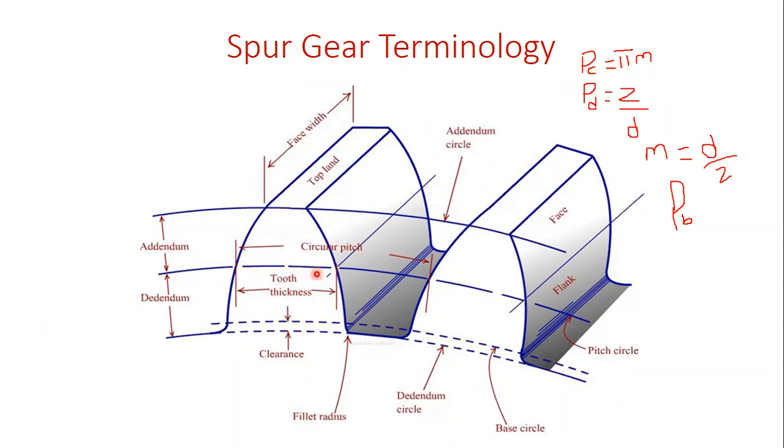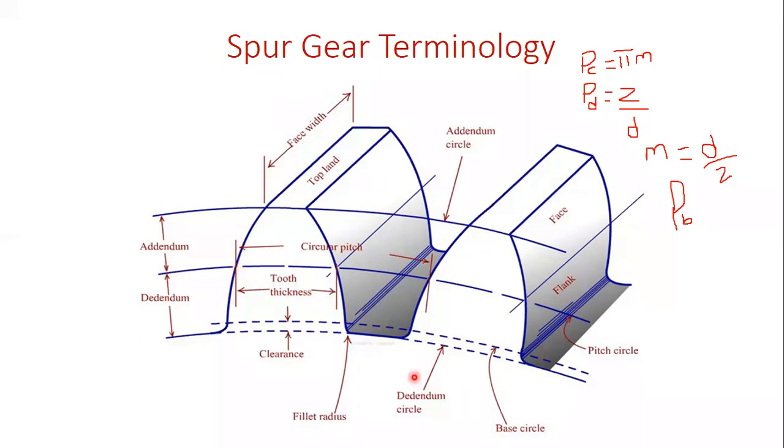And dedendum is also radial, but here we take the depth. This is the height and this is the depth. The radial depth of the tooth below the pitch circle is called the dedendum.